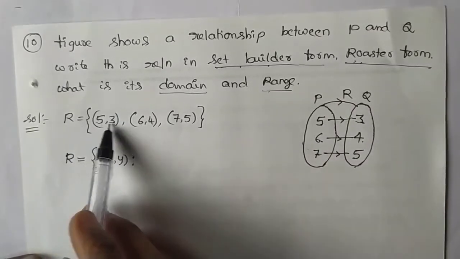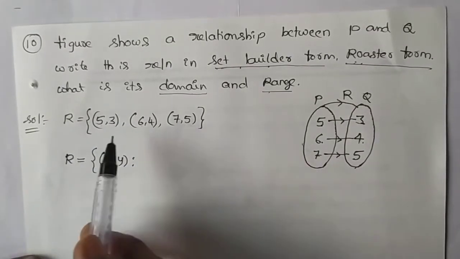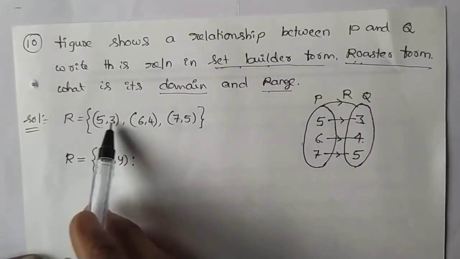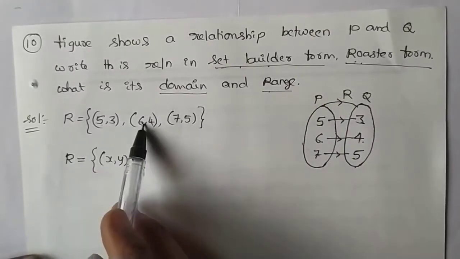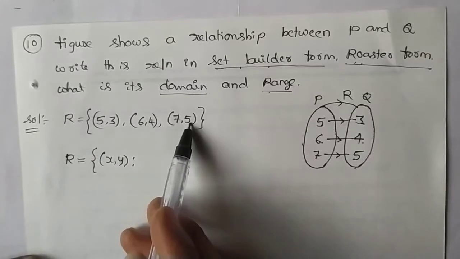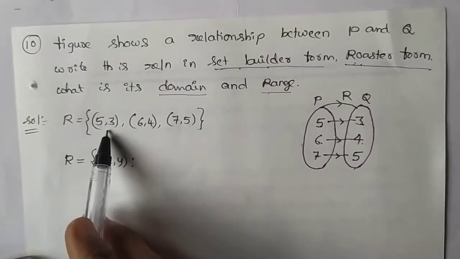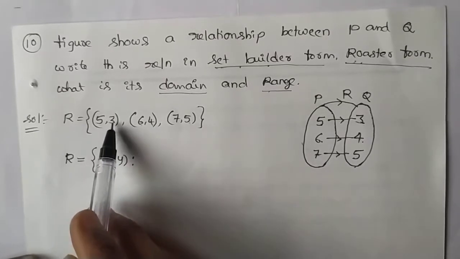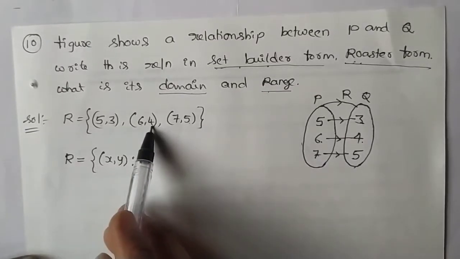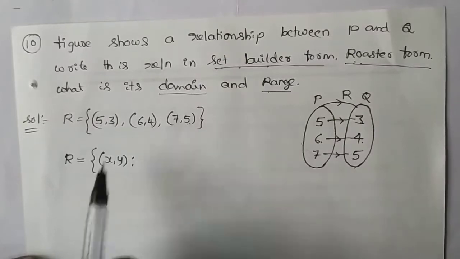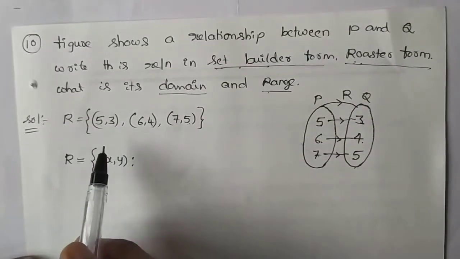The difference of (5, 3), (6, 4) and (7, 5) is what? 5 minus 3 is 2, 6 minus 4 is 2, 7 minus 5 is 2. That means the common difference is 2.